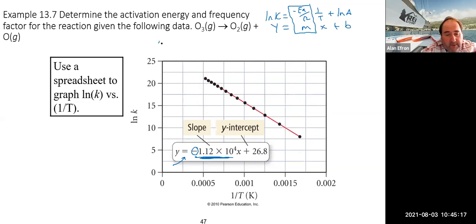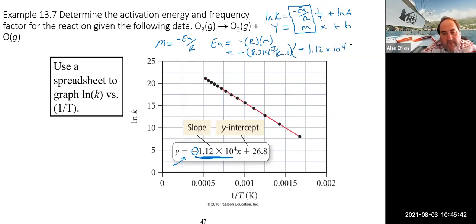So our slope would equal minus Ea over R, which means our activation energy would equal minus R times the slope. So minus R, which is 8.314 joules per Kelvin per mole, times our slope, which again is negative, 1.12 times 10 to the 4. And those two negatives are going to turn our activation energy into a positive number.